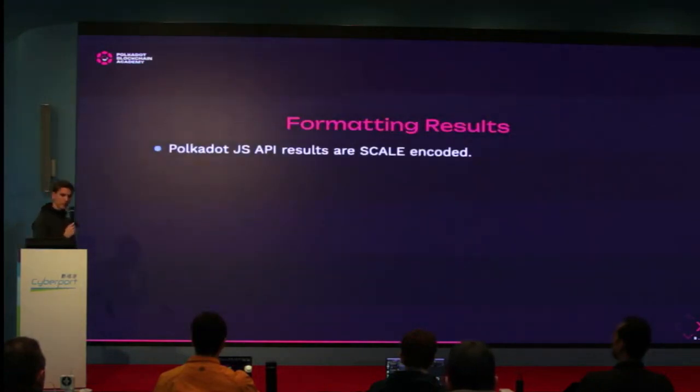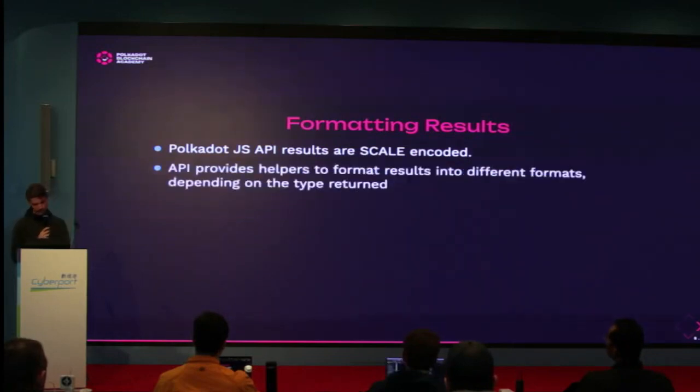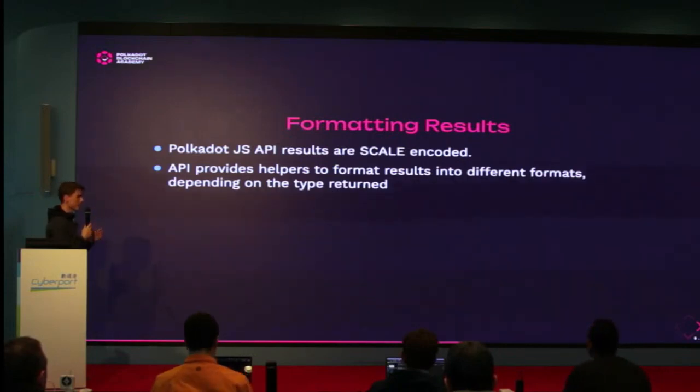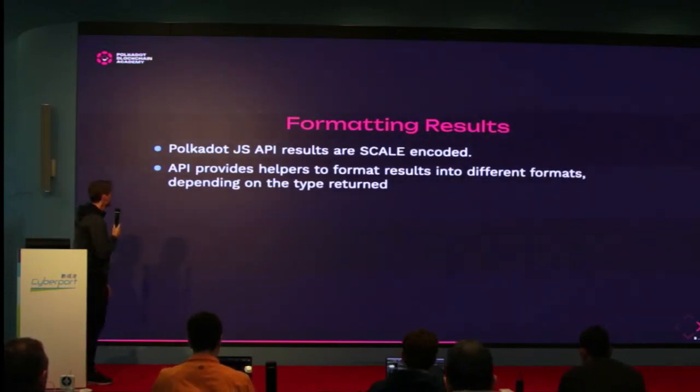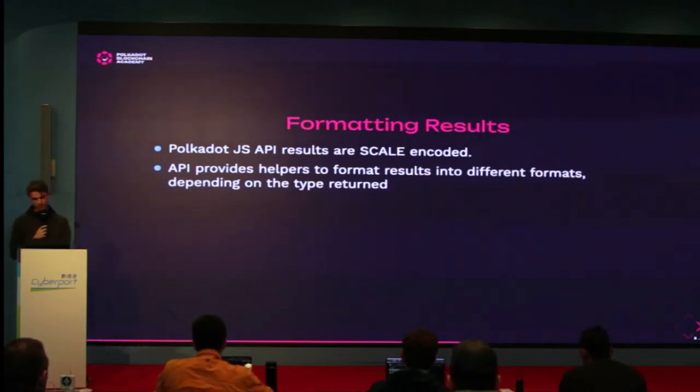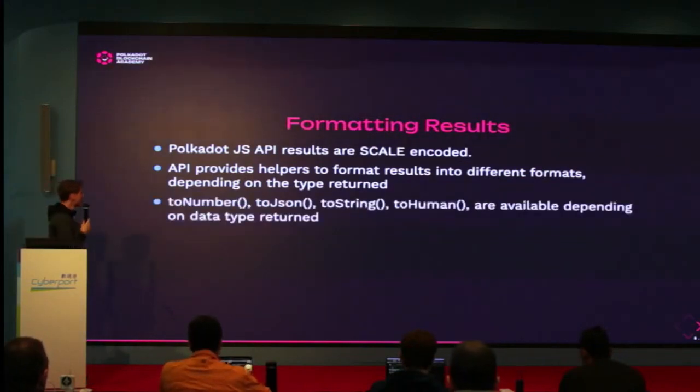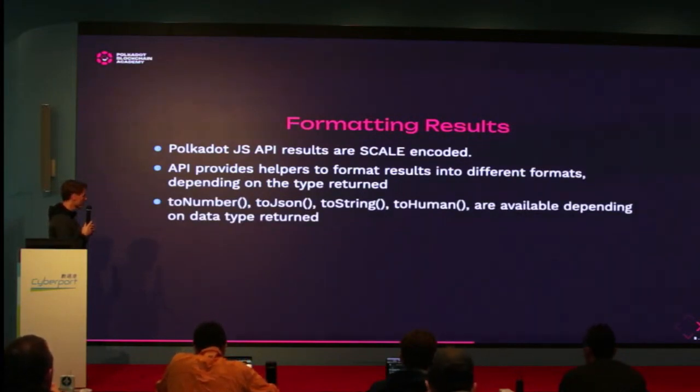So, formatting results as results come in, as Ankan and Sean confirmed, scale encoded. Polkadot.js provides helpers to format results into different formats, like JavaScript primitives, depending on the type returned. Some common ones are toNumber, toJSON, toString, self-explanatory.